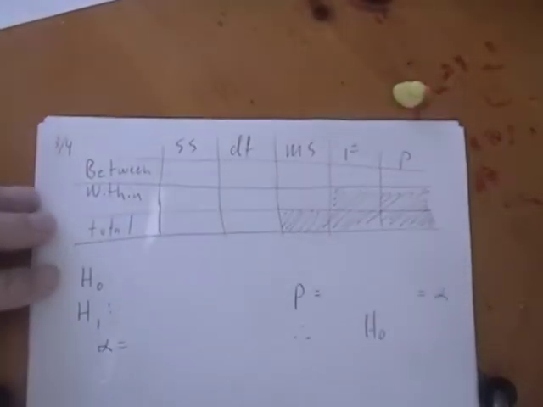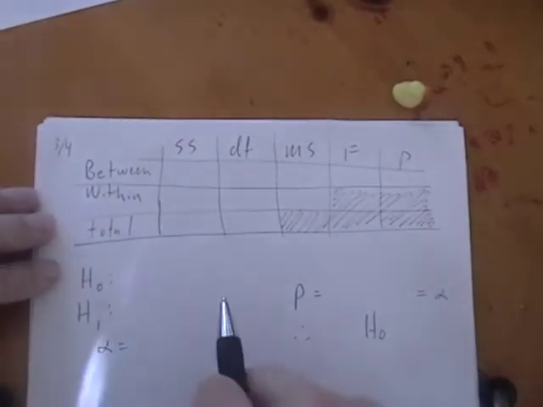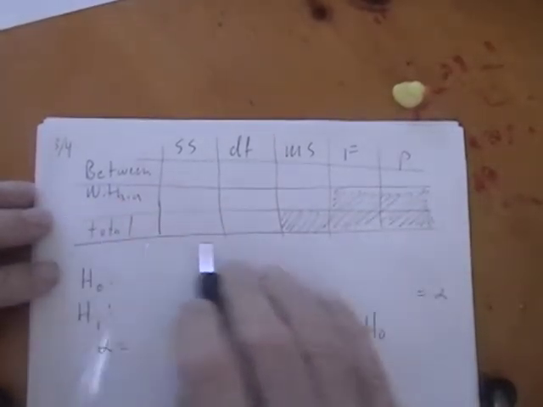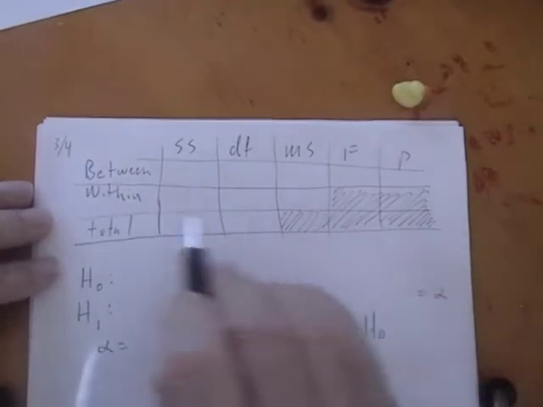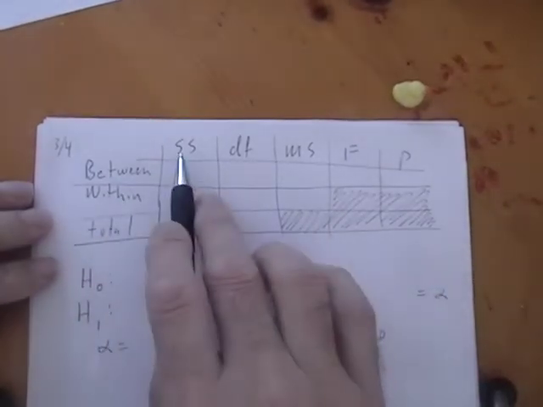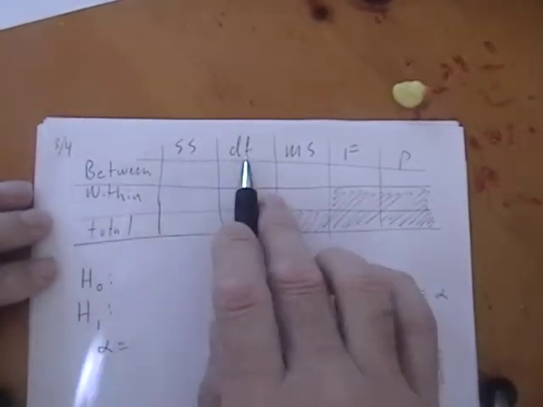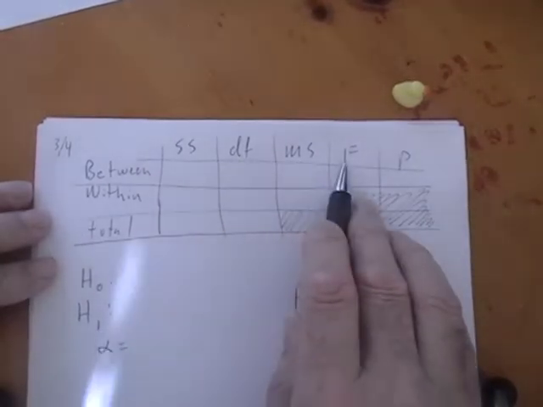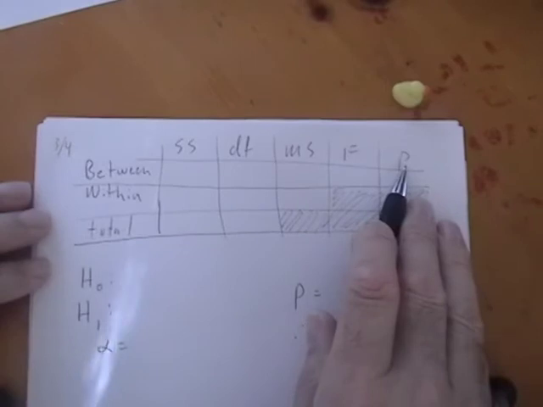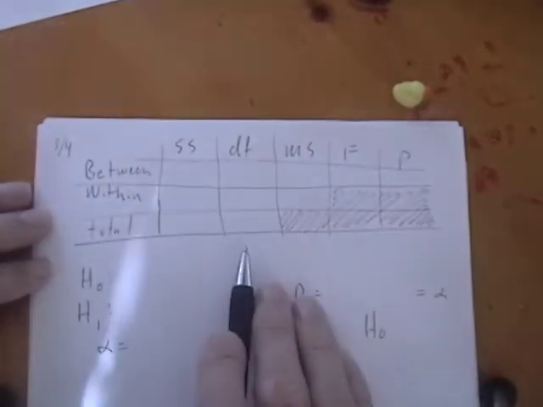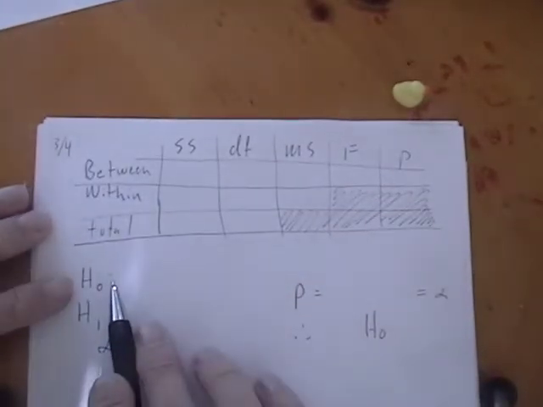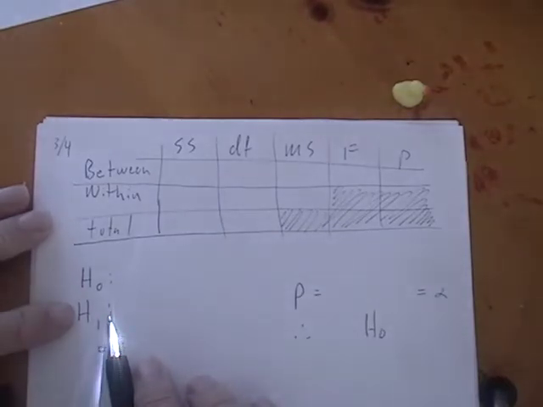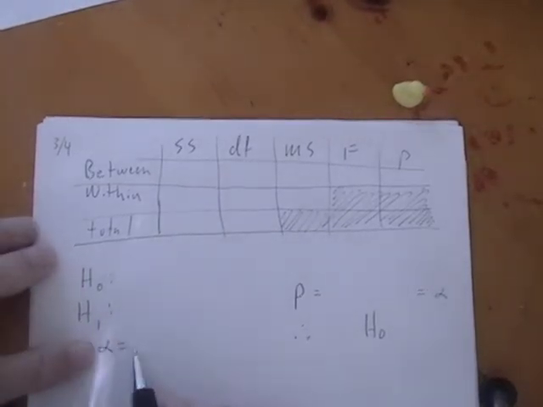What you're going to be doing is making a report. The report is going to include a table like this: between, within, total, SS, sum of the squares, degrees of freedom, mean squares, F statistic, and your calculator will also tell you the probability. I'm going to have a null hypothesis, an alternative hypothesis. I am going to set alpha.